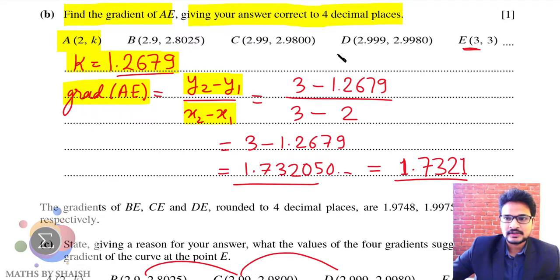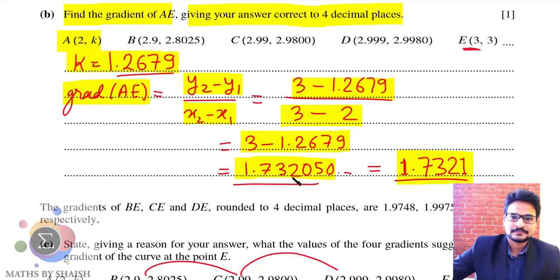So y2 means 3 minus y1 here, that is 1.2679, upon 3 minus 2. So 3 minus 2 is 1, so all we need to calculate is the numerator, and the numerator becomes 1.73250 and so on, and that is 1.7321 to 4 decimal places. I hope it is clear. Let's discuss the last part.